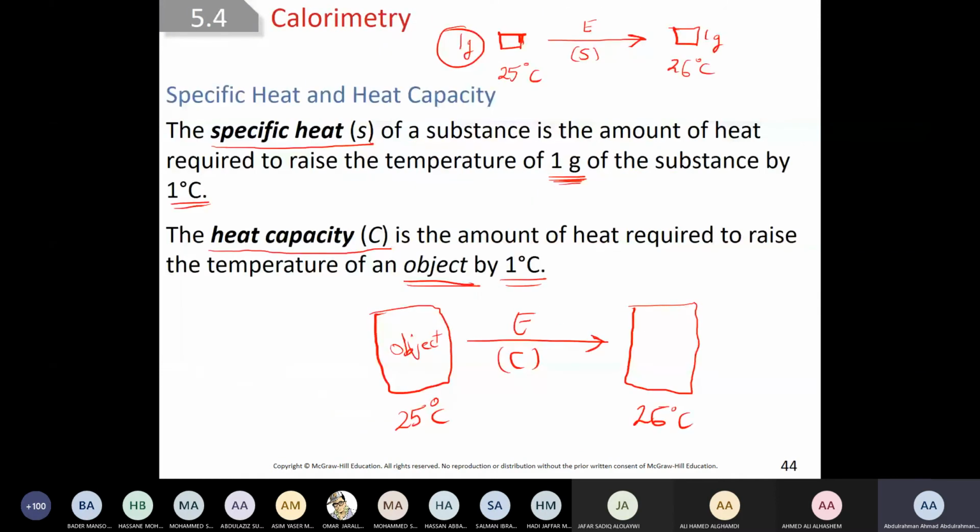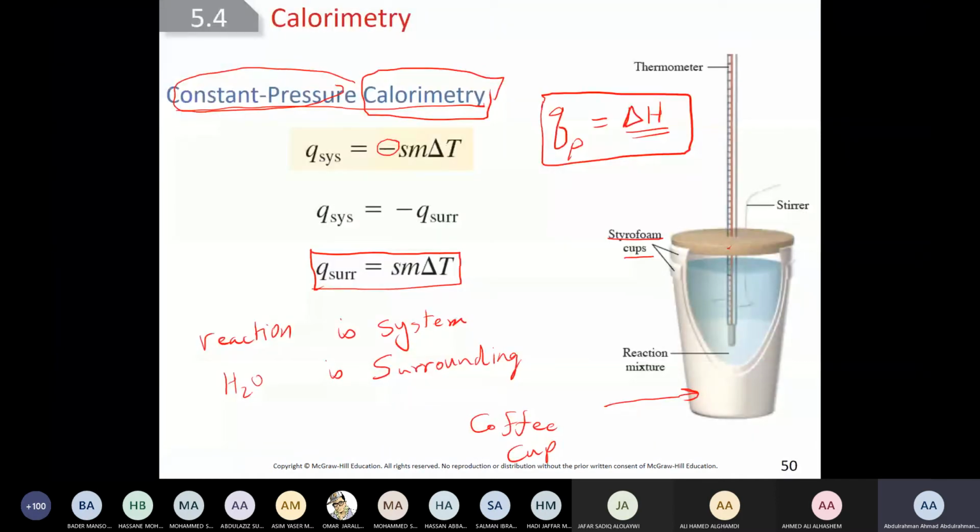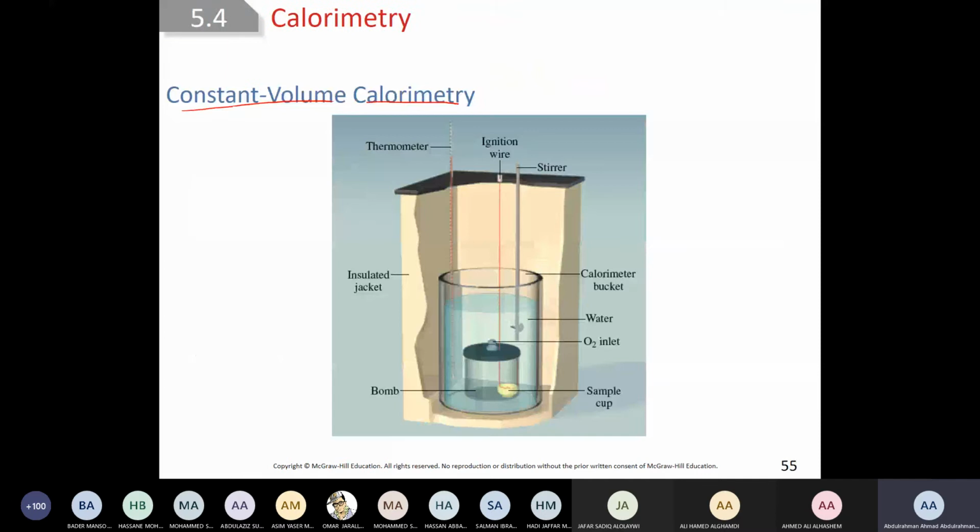Now, when you have this reaction, we're calculating QP, constant pressure, because the pressure does not change. That's why when we do this calculation, we are also going to calculate delta H. It's the same thing. But when we have this instrument, it is called a bomb calorimeter. Write the name, bomb calorimeter.